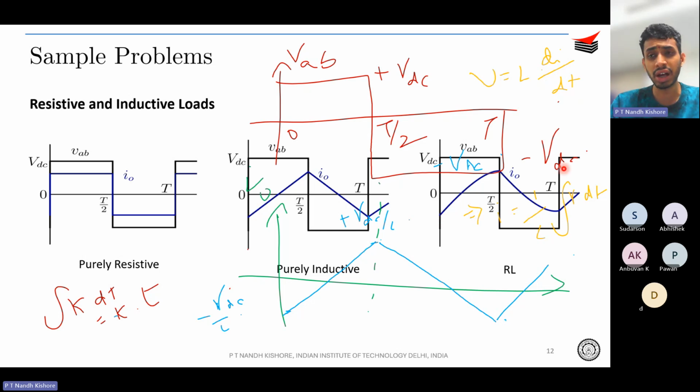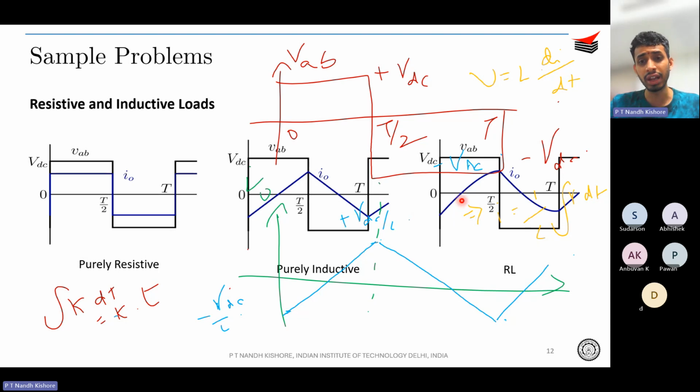You would have studied RL charging circuits, wherein the charging and discharging is governed by 1 minus e to the power minus t by tau, where tau is your RL time constant. If your time constant is very large, that means your L is dominating too much. In that case, you can assume that this exponential charging and discharging curve is almost like a straight line, almost like a triangular wave.